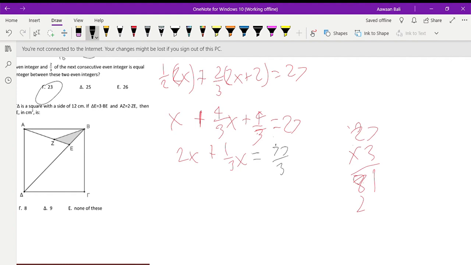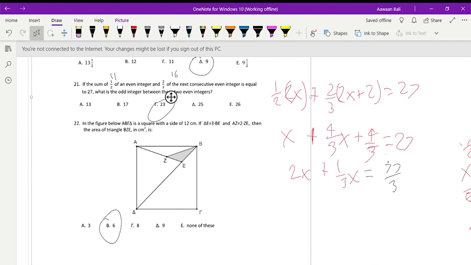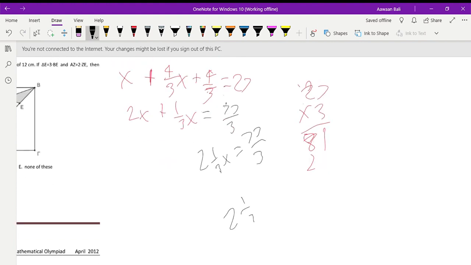Yeah. So after that, it's 2 1 upon 3x. Wow, my stylus is not working that well today. Sorry, guys. Okay. So 2 1 upon 3x is equal to 77 upon 3. 2 1 upon 3 is 7 upon 3.